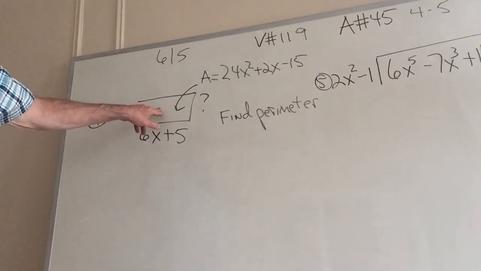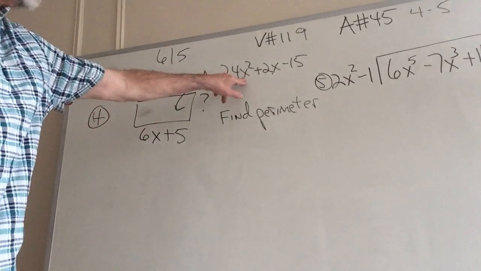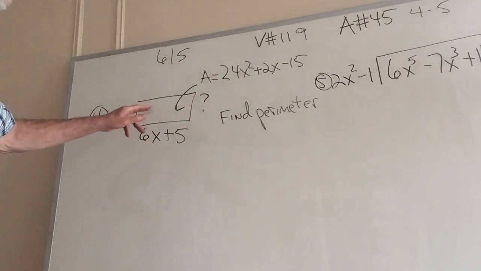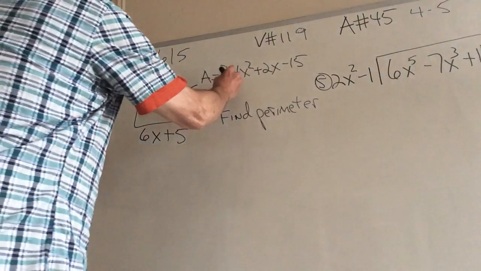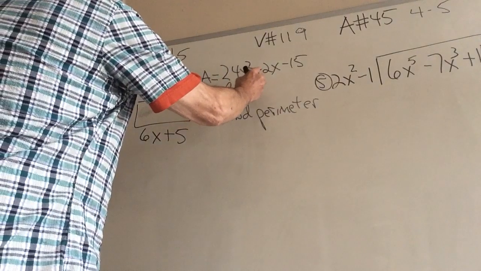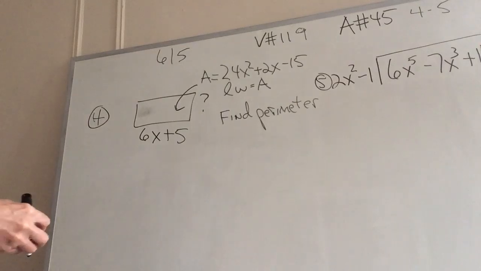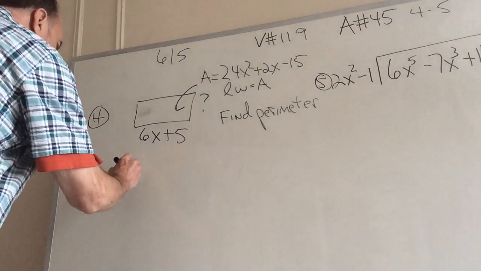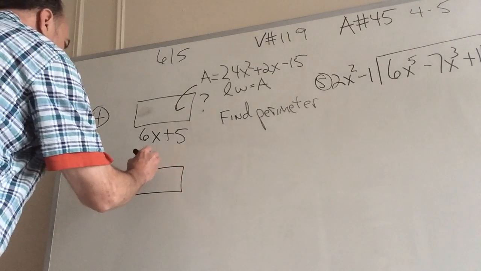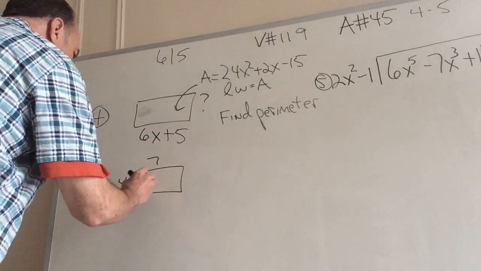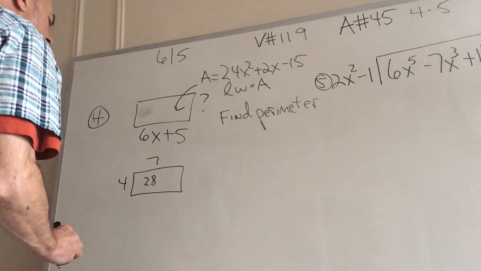Look, they say the area of a rectangle is this, right? So that means that length times width equals area. And polynomials are treated just like numbers. So if I had a rectangle and this side was 7 and this side was 4, then the area is 28.